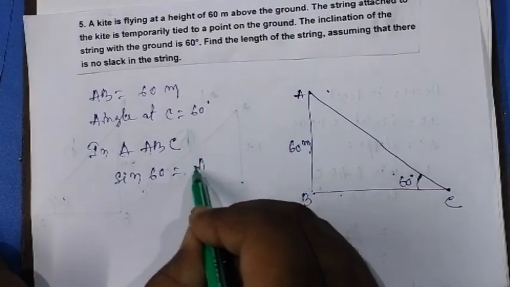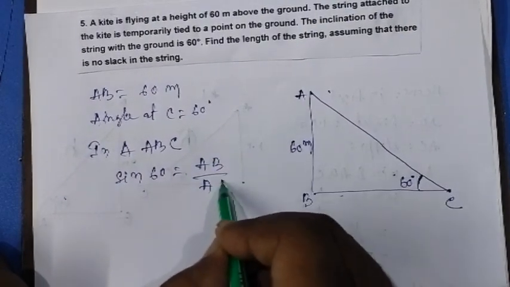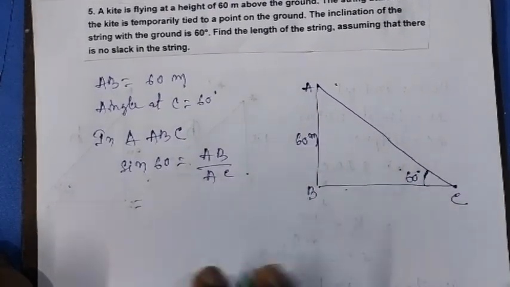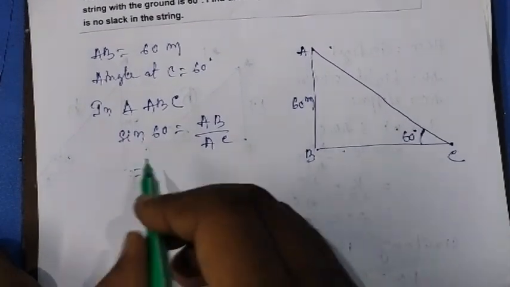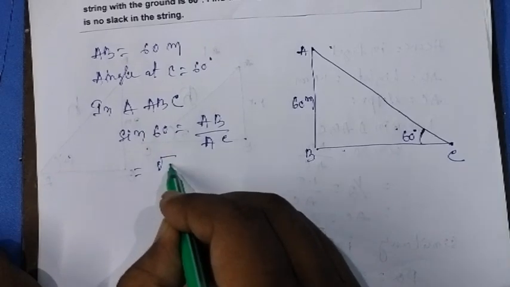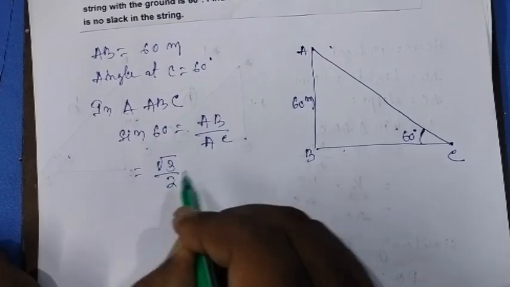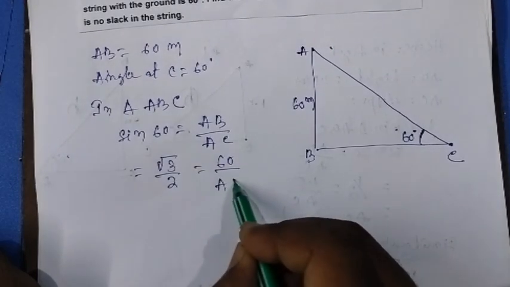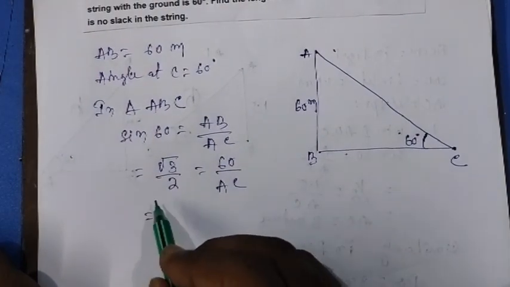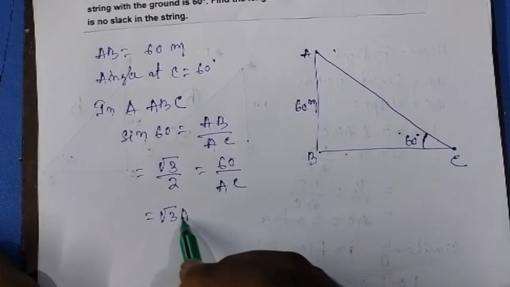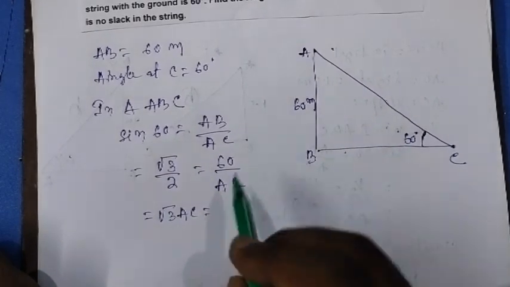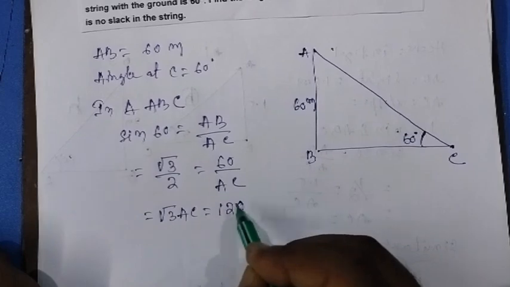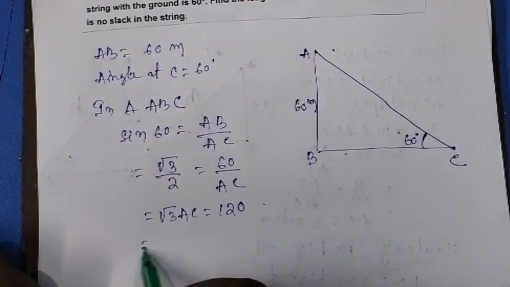Sine 60 is equal to AB by AC. The value of sine 60 is root 3 by 2, which is equal to 60 by AC, or root 3 AC is equal to 120.